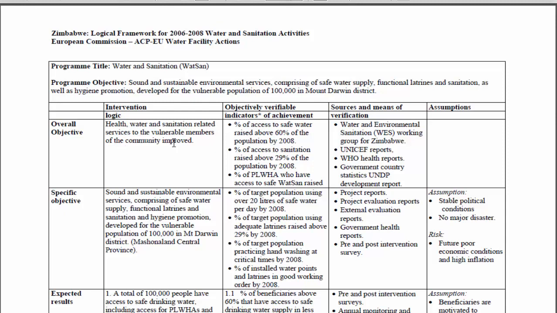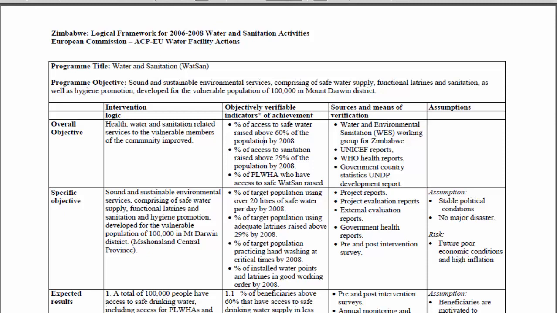Now, if you look at this indicator, percentage of target population using over 20 liters of safe water per day by 2008, they are saying project reports is the only way you can verify this information. These project reports are the reports that you yourself, as the implementing organization, have to generate.